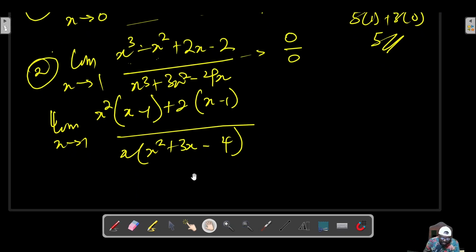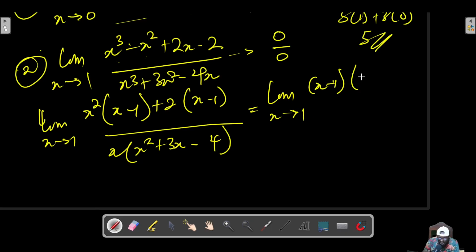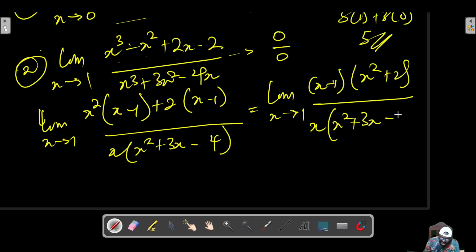Now from here, the work is actually simple. You realize for the numerator, x minus 1 is common in each term. So I can factorize the x minus 1 out. So x minus 1 in parentheses multiplying x squared plus 2 in parentheses, all over x multiplying x squared plus 3x minus 4 in parentheses.